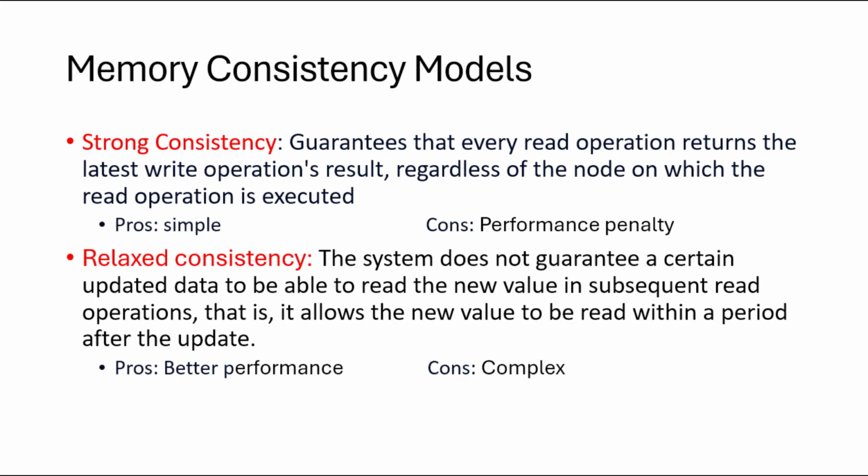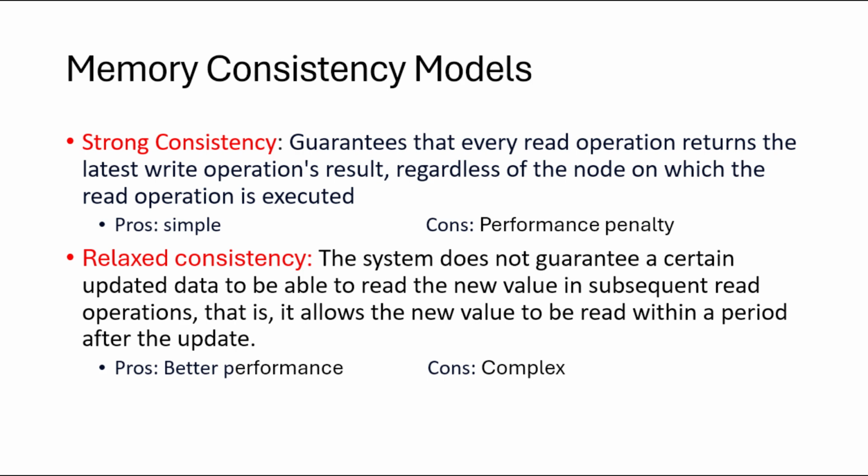And then is memory consistency models. There are 3 different types of consistency models, but today we only discuss strong consistency and relaxed consistency. Strong consistency means all parallel operations must guarantee the same result as if executed on a system with a single memory system shared by all the processors. And relaxed consistency allows reads and writes to complete out of order, but the operations have to be ordered.